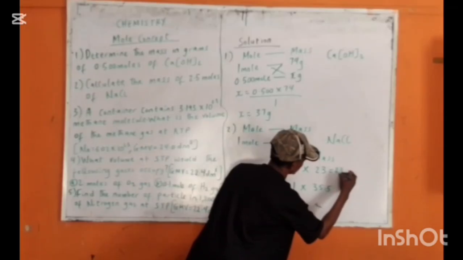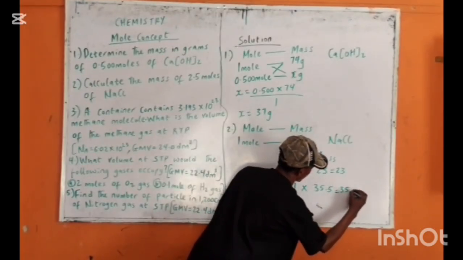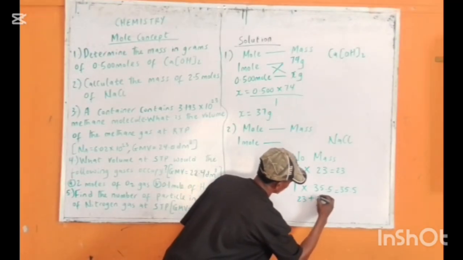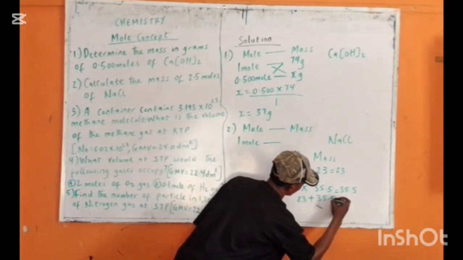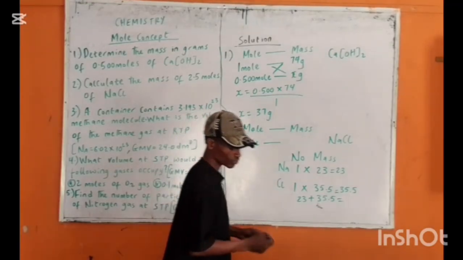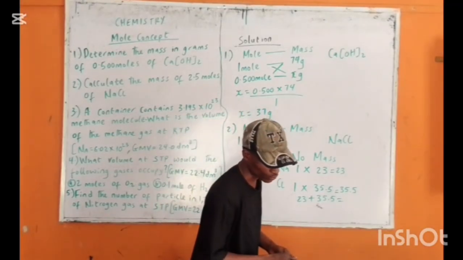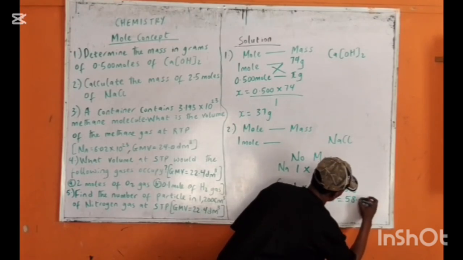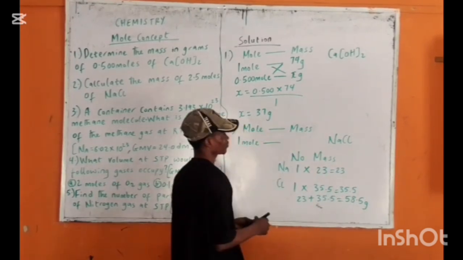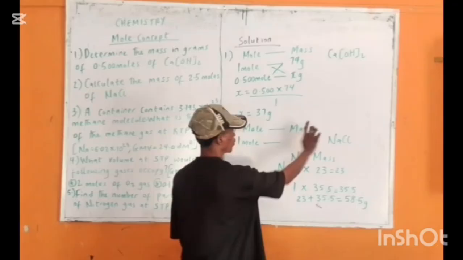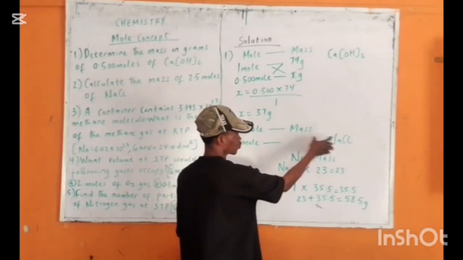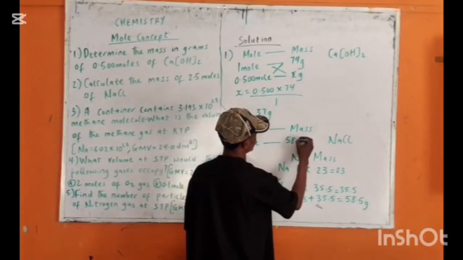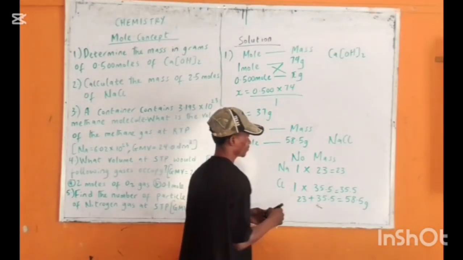So 23 plus 35.5, when we press our calculator, we get 58.5 gram. So 1 mole of sodium chloride weighs 58.5 gram.